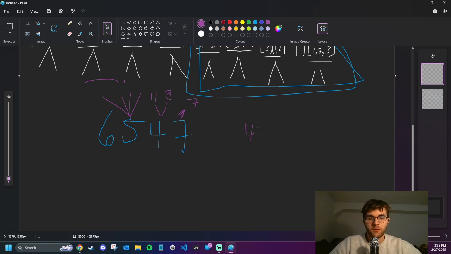So we can either have 4, 7 or 4, 7. So we can either have 4, 7 in one group and nothing in the other group, or we can have 4 in one group and 7 in the other group.